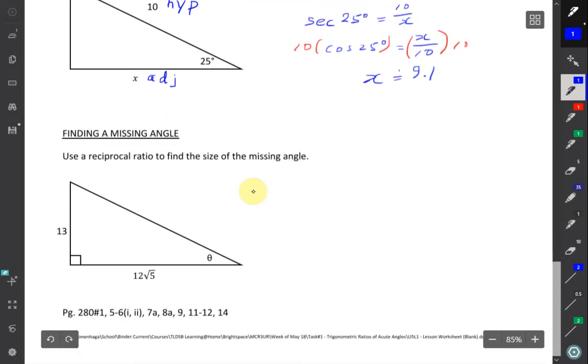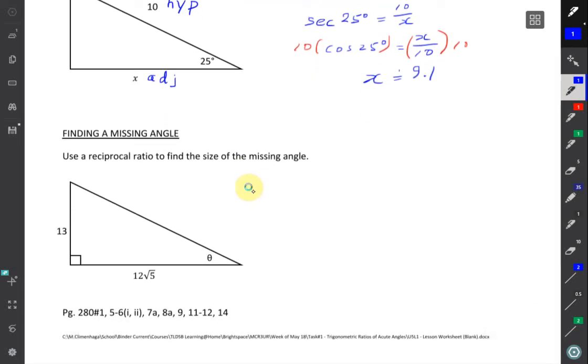The last example is to do this now, finding an angle. So this one specifically says use a reciprocal ratio again in order to find the size. So we're going to start with a reciprocal and then switch to a primary. We have the opposite side here, and we have the adjacent. The opposite and the adjacent goes with tan and cotan.